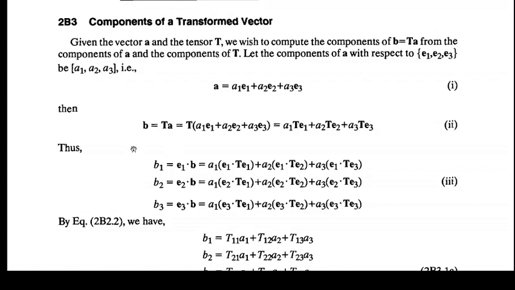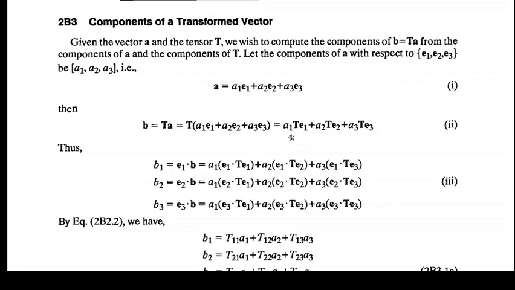So similarly, if you want to calculate B1, the first component of vector B, it will be equal to E1 dot B, simply E1 dot B. Now what is B? B is this. So you can write E1 dot A1 TE1 plus E1 dot A2 TE2 plus E1 dot A3 TE3.